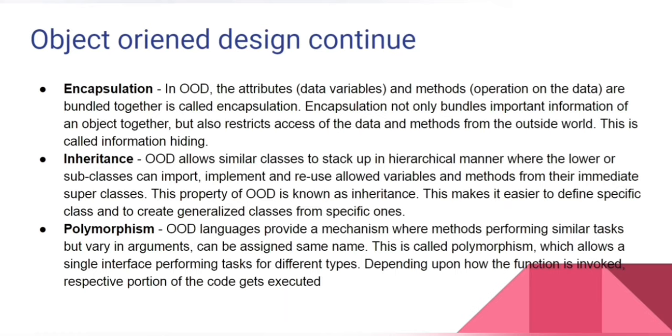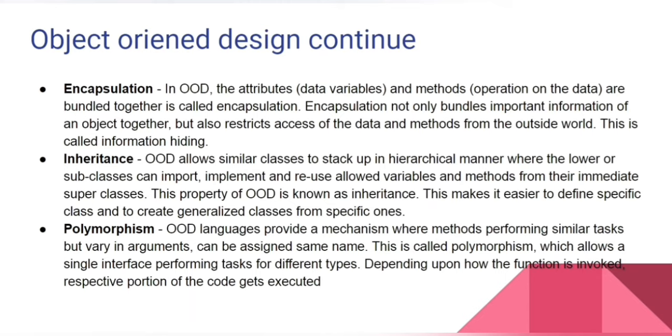Encapsulation not only bundles important information and the object together, but also restricts access to data and methods from the outside world. This is called information hiding. In encapsulation, we hide information with the help of the access specifier private. When we declare the data members and member functions as private, we are encapsulating them and hiding them from the outside world, and no one can access them. They are private, not public.